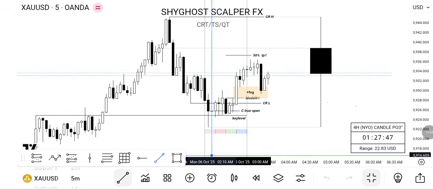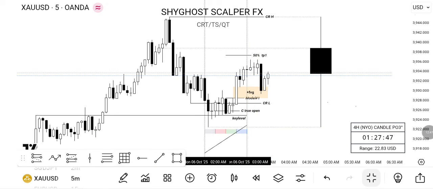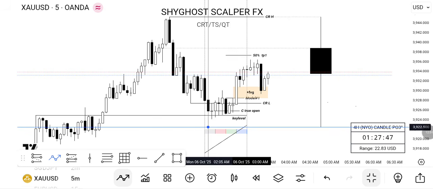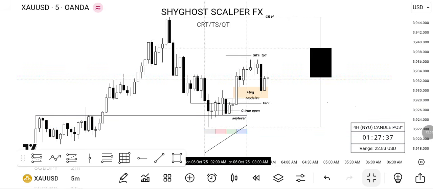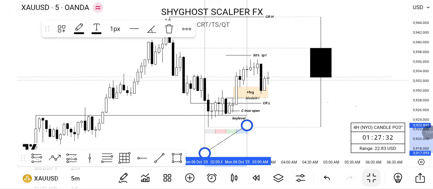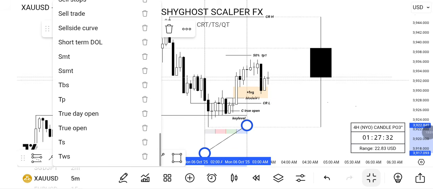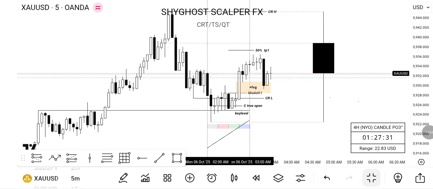So here on silver, we broke the lows of this candle, right? On gold, we didn't break it. So this is our SMT. We have an SMT here.